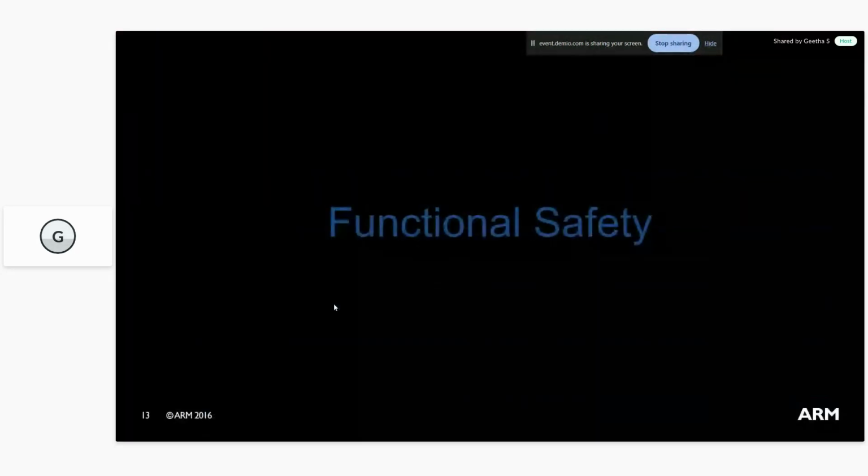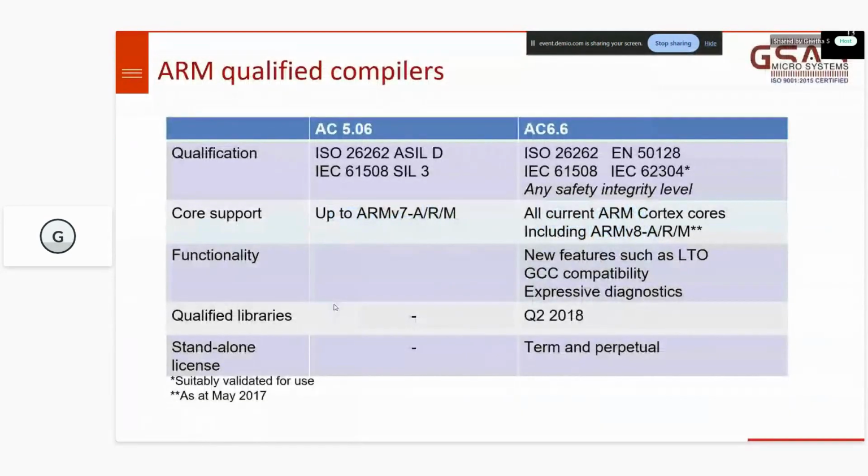So coming to functional safety, as I was telling, ARM compiler 5 and compiler 6. In compiler 5, we had a lot of versions like 5.05, 5.04, 5.06, 5.07, like that. After that, ARM compiler 6 came into picture. In ARM compiler 5, 5.06 was the specific version which ARM selected for safety certification.